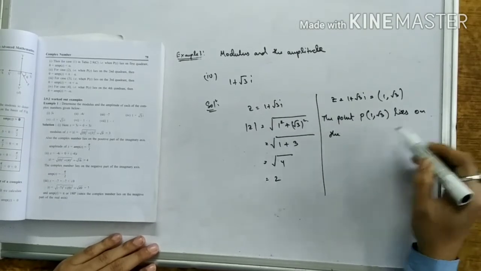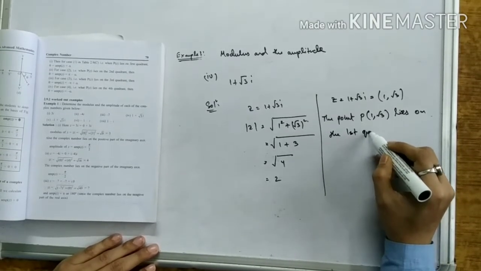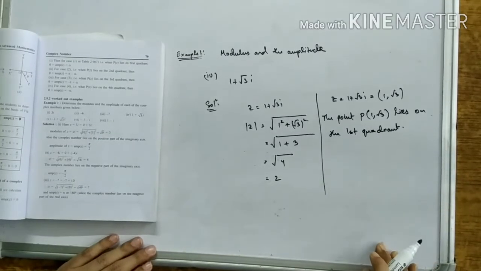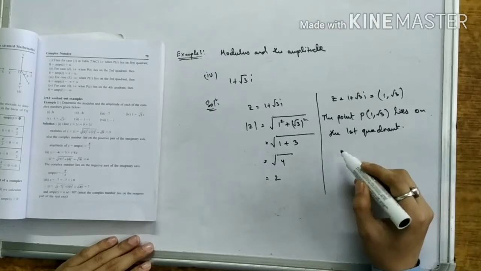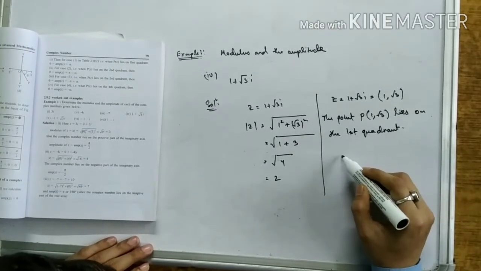Since point PZ lies in the first quadrant, to calculate the argument of Z, first of all I will have to find tan alpha.